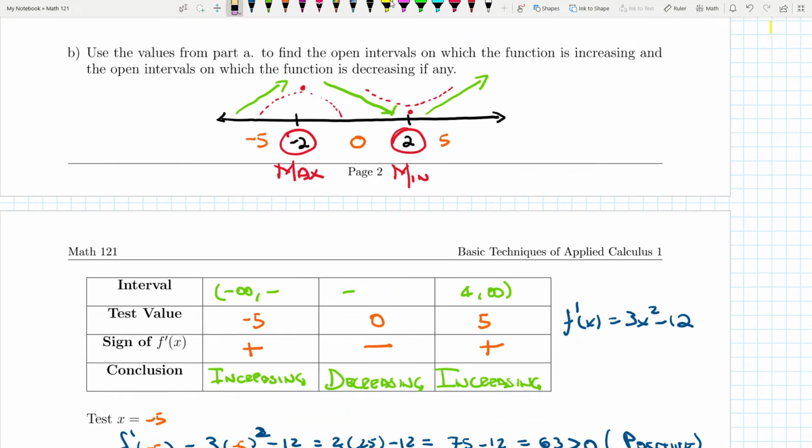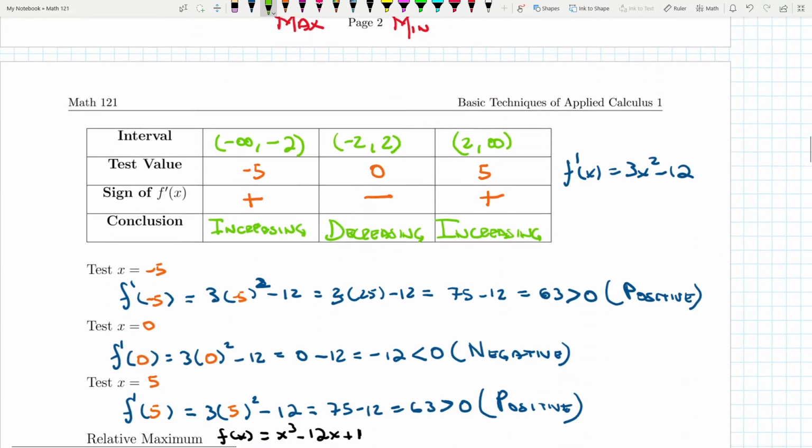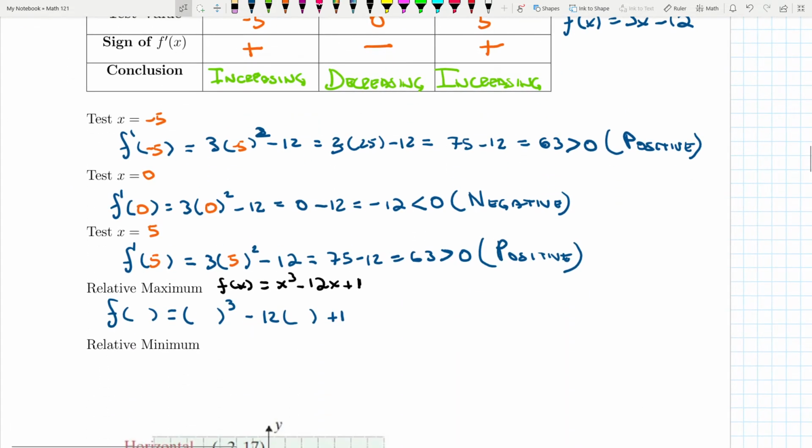So let me erase all of this. So that should be negative infinity to -2, -2 to 2, and 2 to infinity. Well, it still works anyway. Okay, so in this case, we're going to have a relative max at -2.